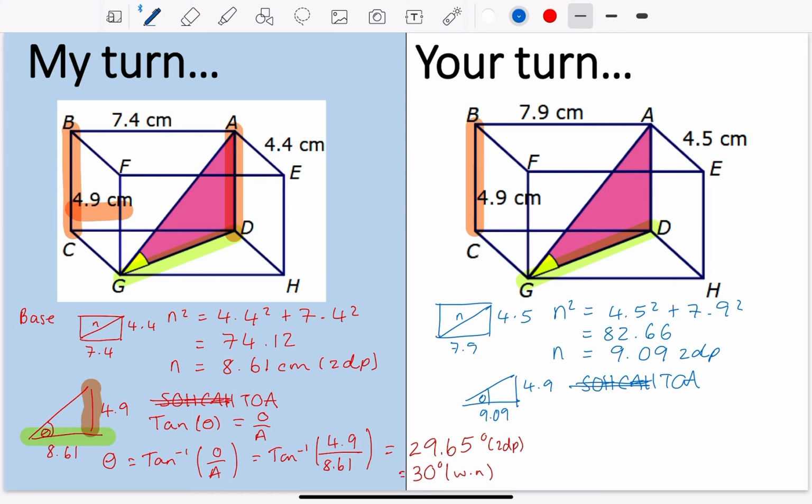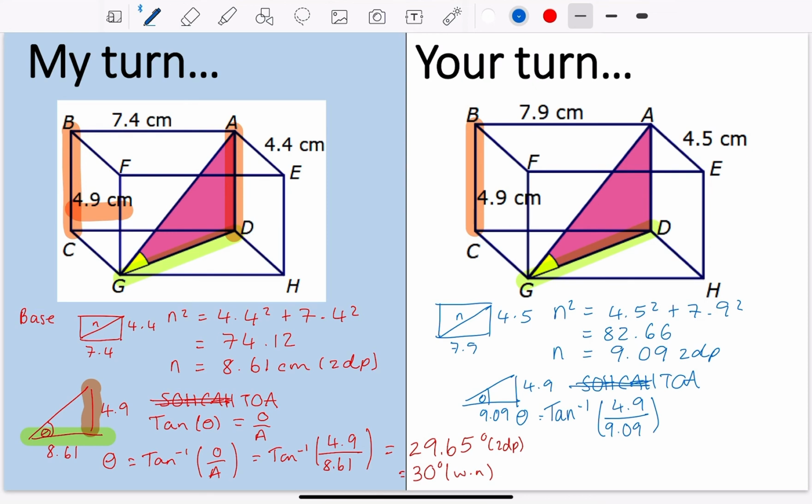Again, because I'm looking for the angle, I know it's going to be the inverse tan function, so it's going to be tan to the -1. Theta being that unknown for the angle. Opposite over adjacent, so the 4.9 over the adjacent, which is that base there of 9.09, or obviously the slightly longer decimal.